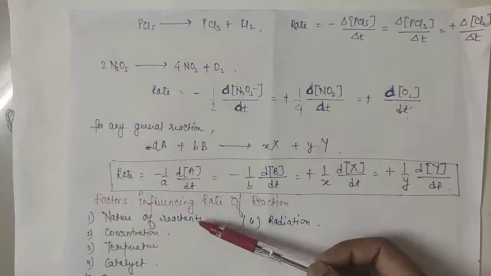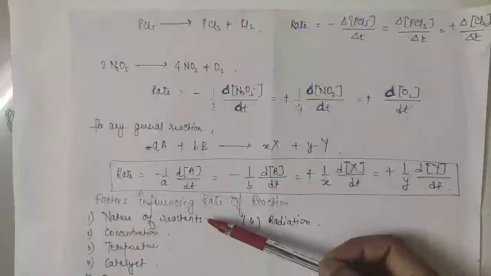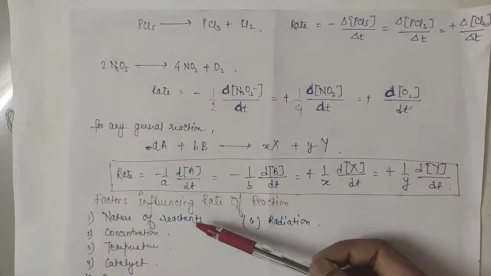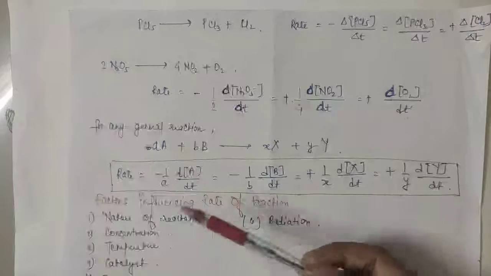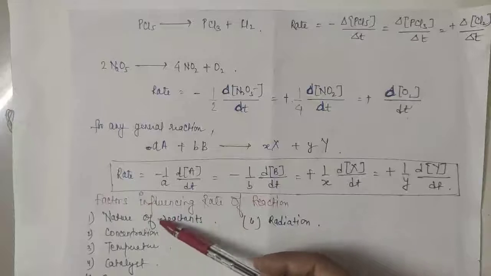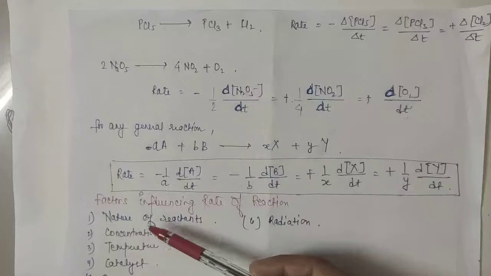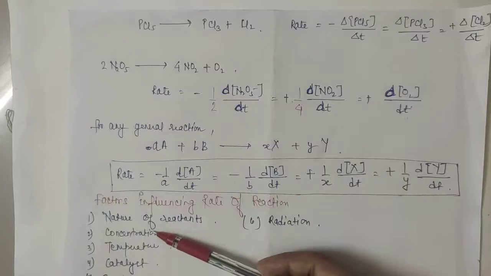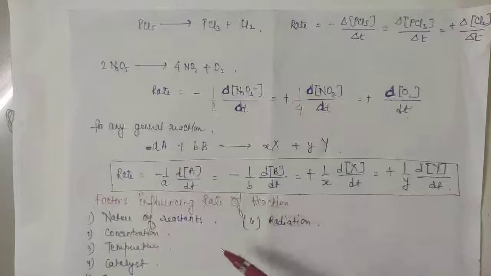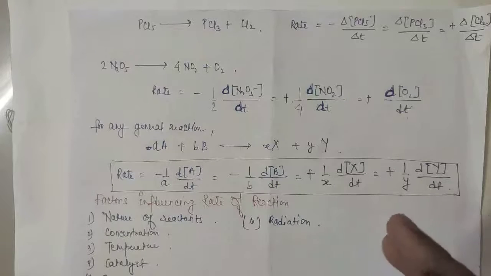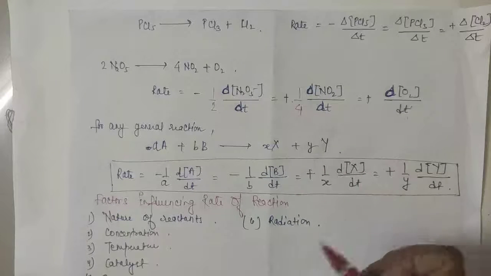Okay, the different amounts of energy needed and the different amounts of energy evolved during the reaction will determine the rate of the reaction. Second is concentration of reactant. The greater the concentration of reactant, the faster is the reaction. As the concentration of reactant decreases, the rate also decreases.